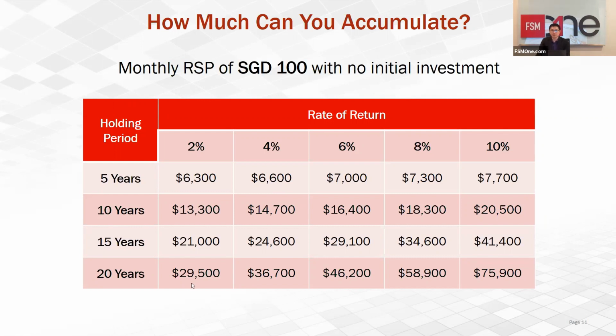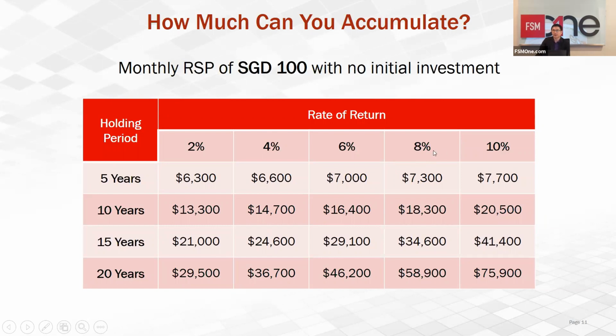Of course, in this case, I'm using quite a low rate of return. If you're invested in Singapore government bonds, then a 2% return is probably something you can reasonably expect. But for those invested in the stock markets, if you have a portfolio that is 100% invested into the stock market, then the return you should be expecting is at least 8%, or maybe even higher at about 10%.